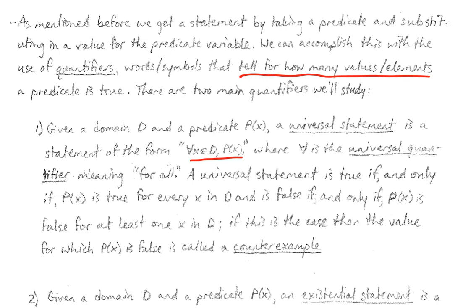You'll be hearing the word counterexample coming up quite a bit. So, as a quick recap, for a universal statement, think: for all x values in a domain, this predicate is true. If the predicate is false for even one x value, then your entire universal statement is false.